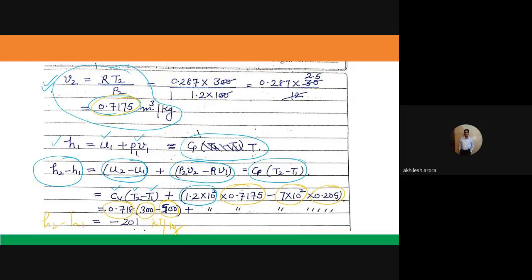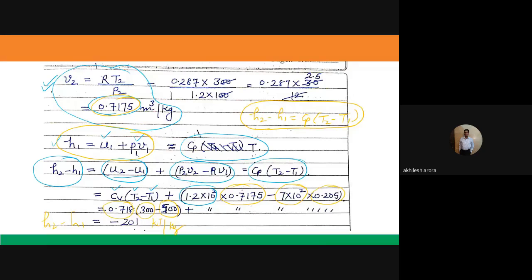Now see, this is one way of calculating the value of the enthalpy difference. The other way could have been very simple. I can use H2 minus H1 is equal to Cp times T2 minus T1. Sometimes in a numerical problem, if it's not air, then you may have to use this particular equation, H is equal to U plus PV.